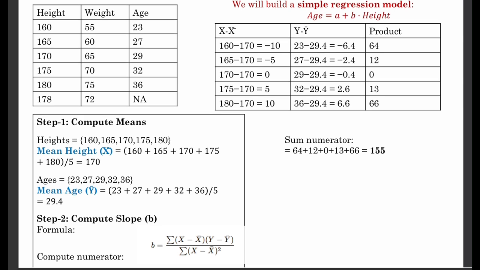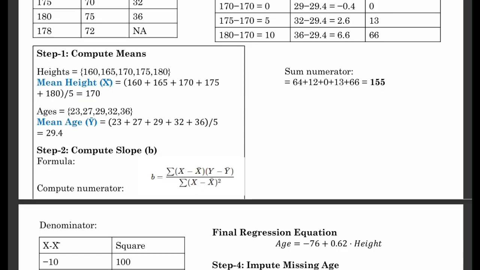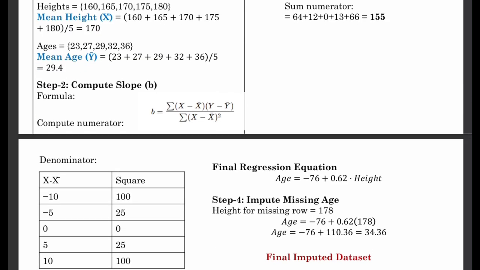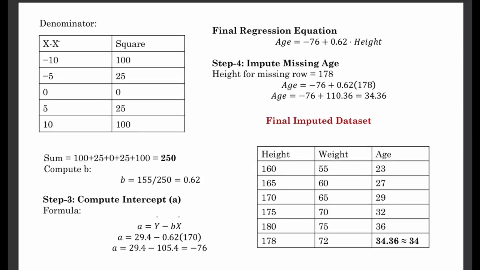Now step 2. Compute the slope b using the formula. We get b as 0.62. Now coming to step 3. Compute the intercept. a is equal to 29.4 minus 0.62 into 170, which is minus 76.